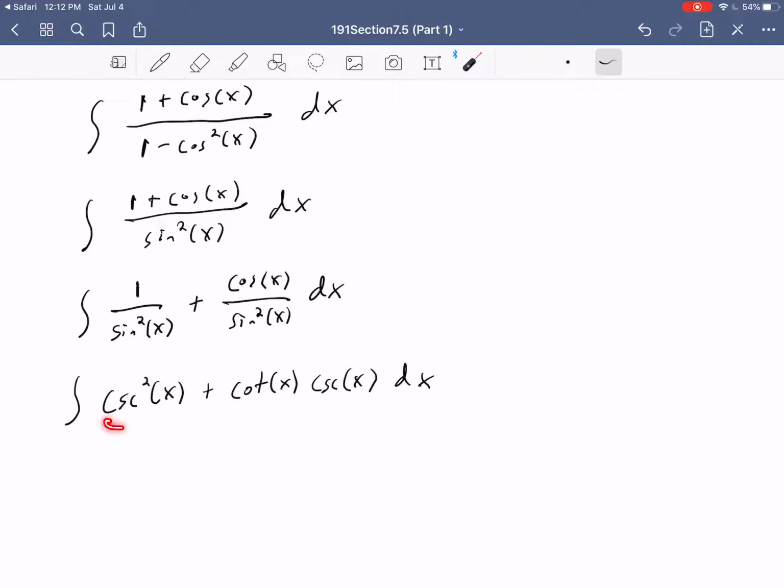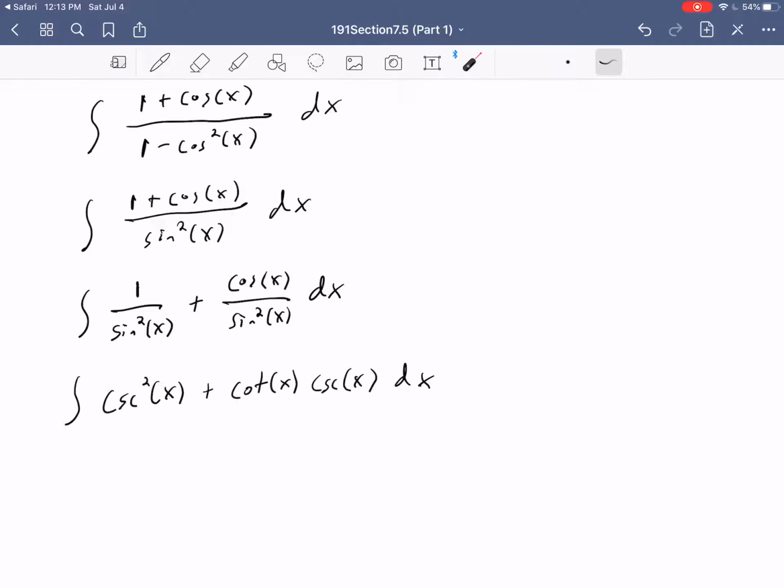Now, you might say, okay, why do I want to rewrite as those things? Well, both of these, as we know, are actually derivatives of trigonometric functions. Cosecant squared is the derivative, except it's off by a negative sign, of cotangent. And cotangent x, cosecant x, again, off by a negative sign, is the derivative of cosecant.